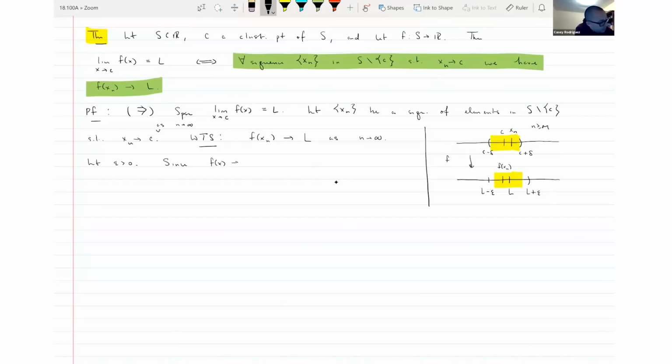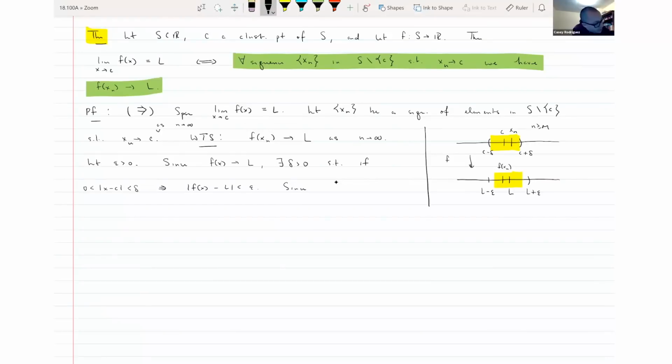Since f of x converges to L, there exists a delta positive such that if the absolute value of x minus c is less than delta, then the absolute value of f of x minus L is less than epsilon. That's what I drew in yellow there.